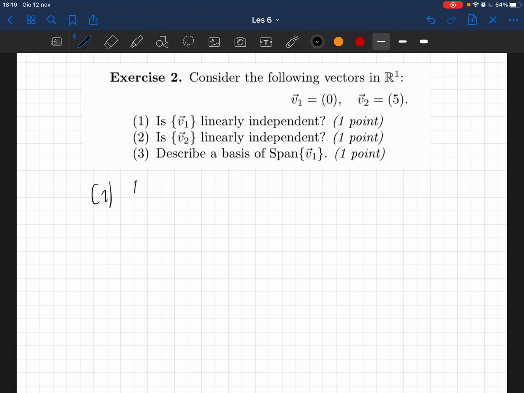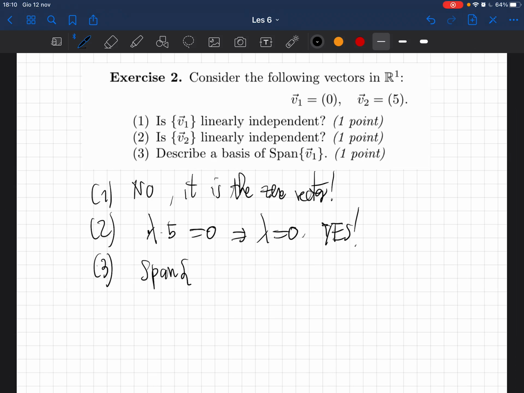And what about the second? We can check this. You can take lambda times 5 equal to 0, but then from this you find lambda is equal to 0. So yes, it is independent.